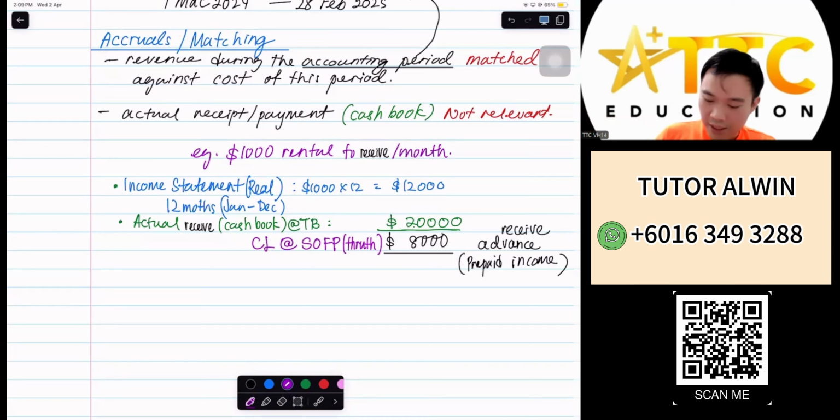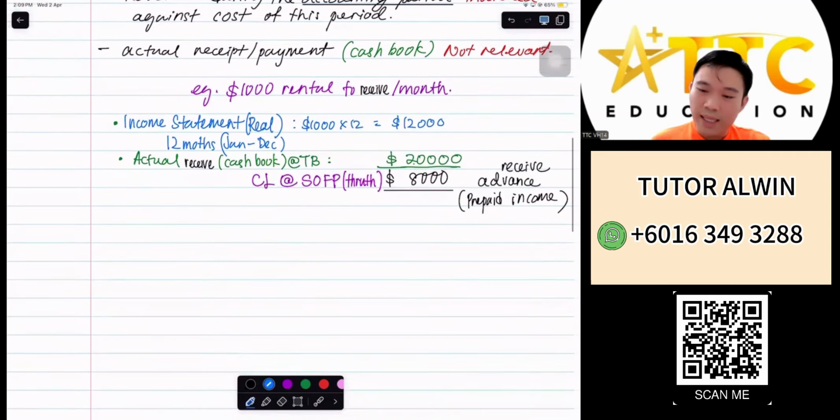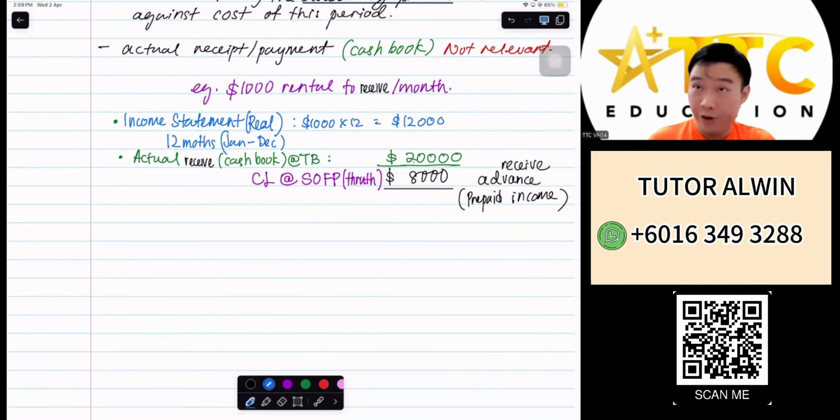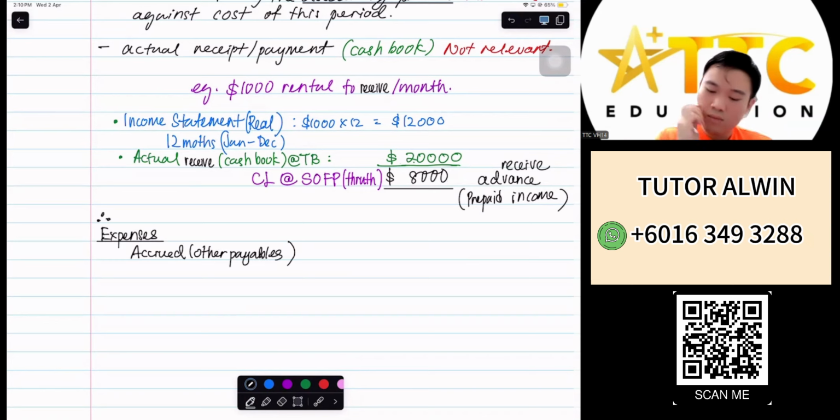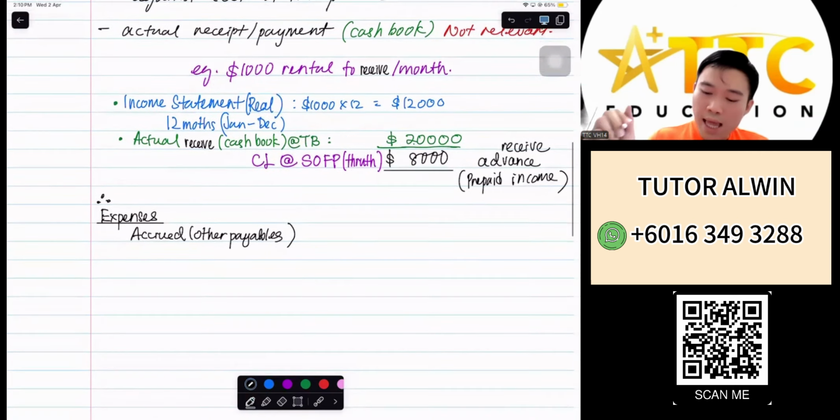So, in conclusion, what will we need to do? Okay, here comes the summary. If, let's say, for expenses, you have expenses yet to pay, accrued expenses, meaning other payables, you will add them to your income statement.